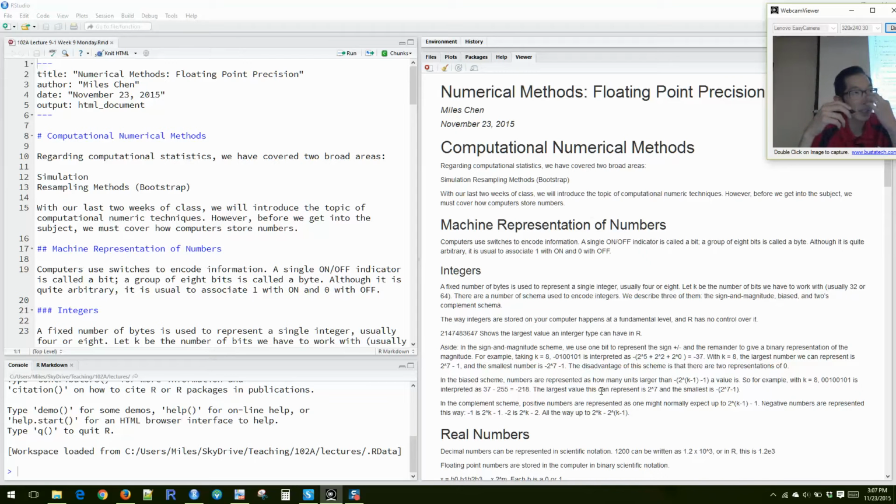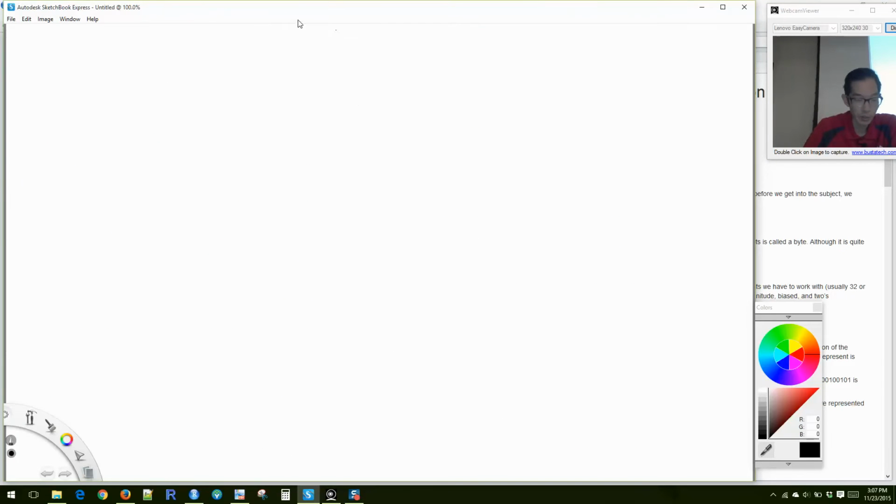But everything at its most base level is stored as a 0 or a 1. We're used to decimal notation, so we have 10 digits: 0, 1, 2, 3, 4, 5, 6, 7, 8, and 9. But for binary, it's just a 0 or a 1.